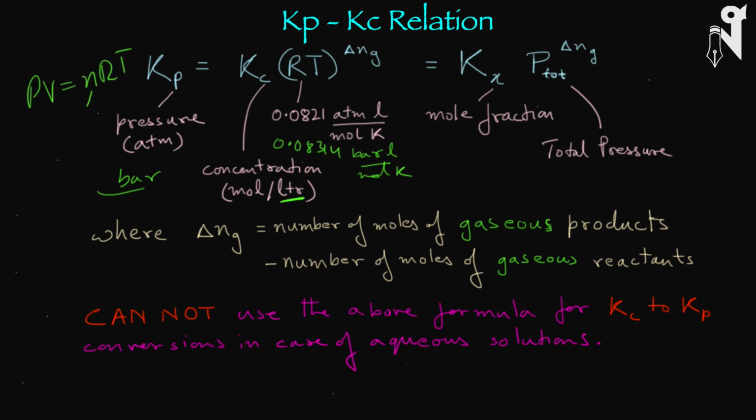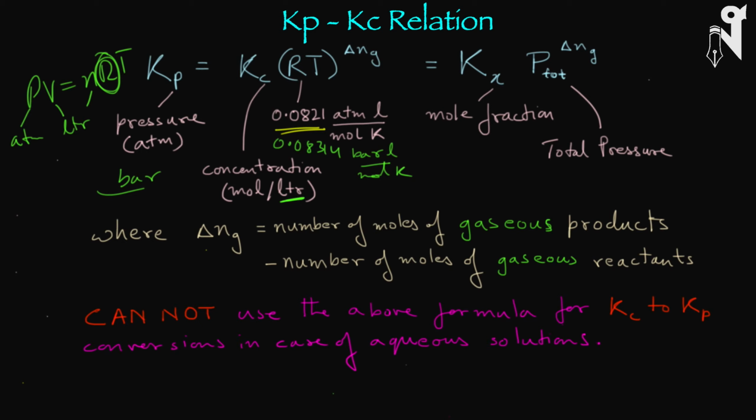If you use volume in liters and pressure in atmosphere, the corresponding R value is 0.0821. So that is the value of R you have to use when you're converting between Kp and Kc. And then again, if K in terms of mole fraction is asked, you can further use this.